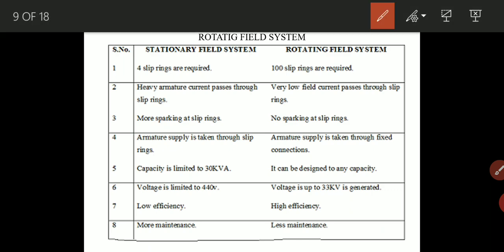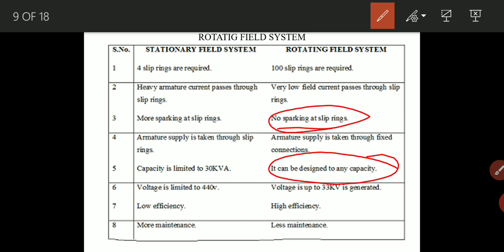No sparking at slip rings. It can be designed to any capacity because the armature is placed on the stator. There is no insulation problem, so we may design it for any capacity from low to high.